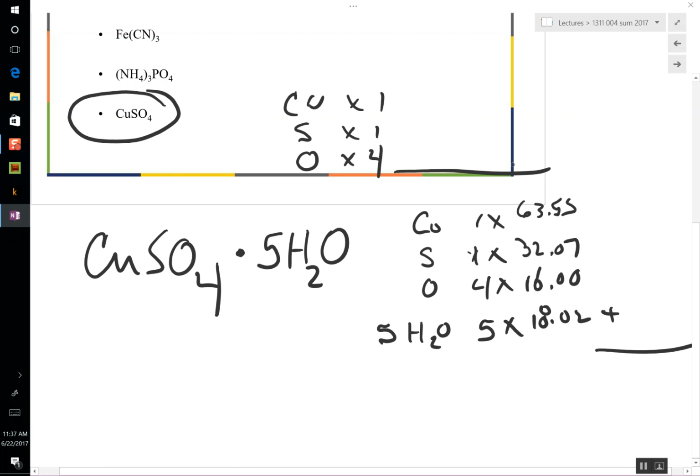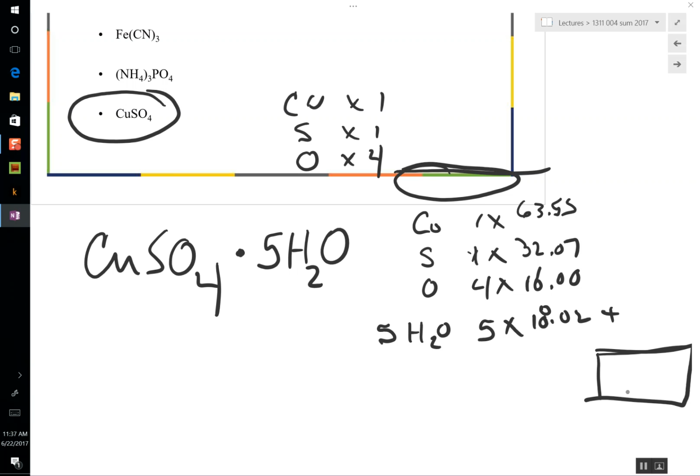So if I had those 2 bottles and I took that many grams of the anhydrous, I'd have a mole of copper sulfate. If I took this many grams of the pentahydrate, I'd have a mole of copper sulfate. So I'm going to take them both and dump them into water.